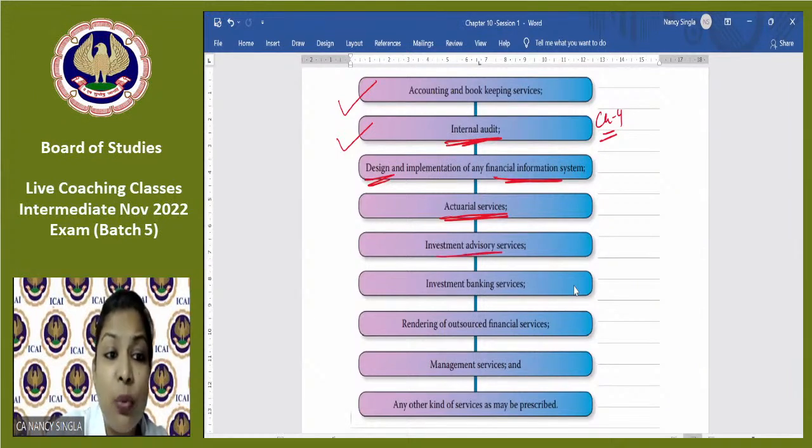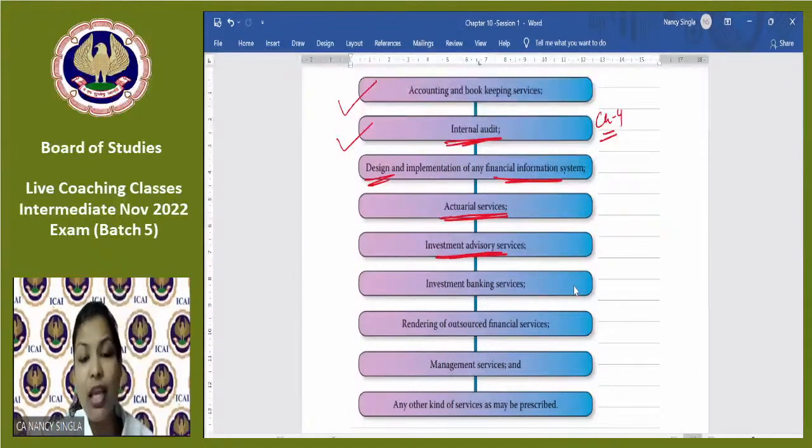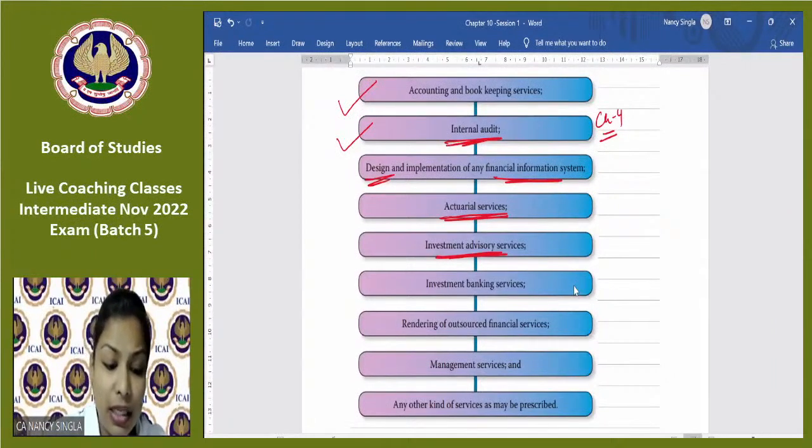the company. Investment advisory, if the CA is giving the services of investment advisory, investment consultancy as to where to invest, so he is giving recommendations to the company with respect to the investment options, he cannot be appointed as the auditor of the company.